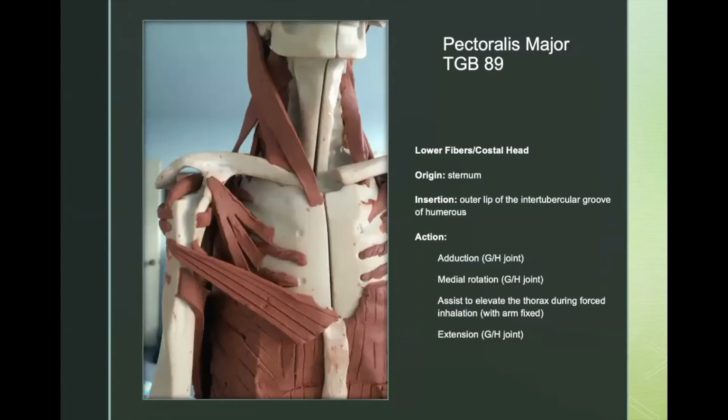So here is the lower piece of the pectoralis major, the lower fibers, which we also call the costal head. So this originates on the sternum, and then it inserts on the outer lip of the, uh-oh, I'm gonna get tongue-tied. The intertubercular groove.